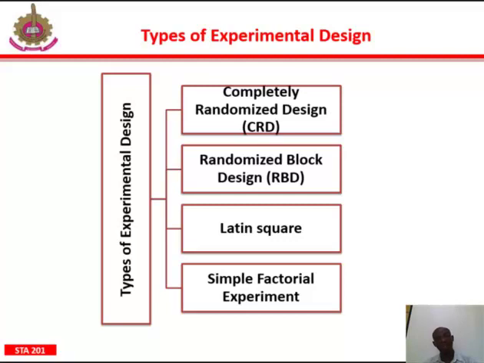In RBD, we have two sources of variation, which are the treatments and blocks, and therefore a two-way analysis of variance is used to analyze data obtained.